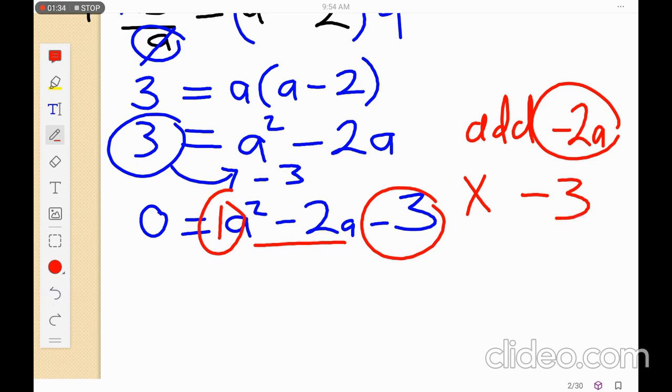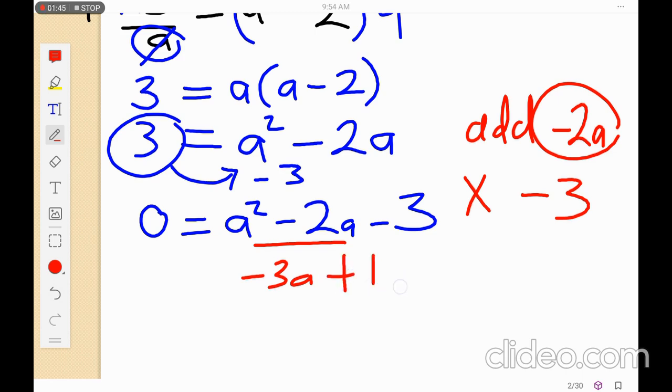So I can think of a number like minus 3a plus 1a, such that when I add, minus 3a plus a, I'll get minus 2a. When multiplying, we are considering the numbers there only, so I'll get minus 3.